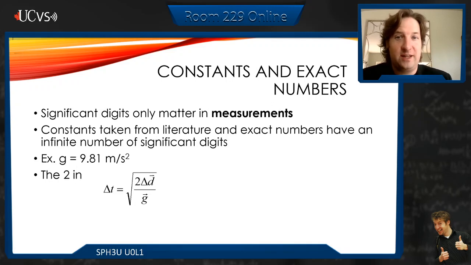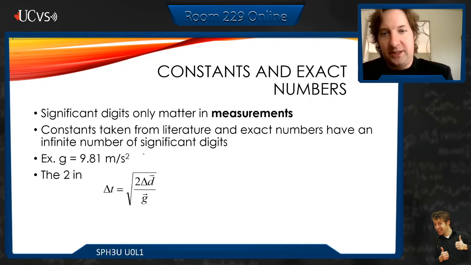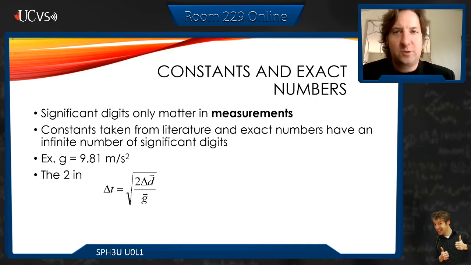And we're going to assume that they have enough significant digits to be more significant than our data. We're always going to treat them like they have an infinite number of significant digits. So for example, in this formula here, the G, we're not going to worry about that in our calculations and worrying about how many significant digits our answer has. Our question will always have less.